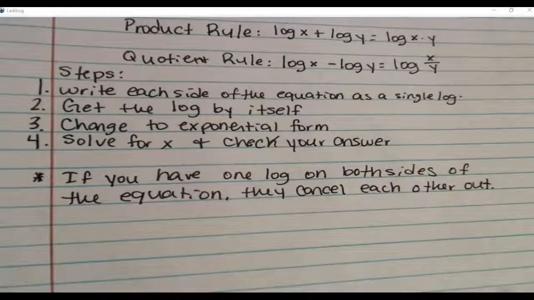And so the reason for that is they'll have the same base. So if you change them both to exponential form, both bases would be the same, so both exponentials would just cancel out. So rather than changing it and canceling them, you can just cancel them. And then you just have whatever's left inside the logs.